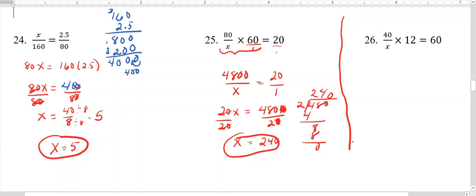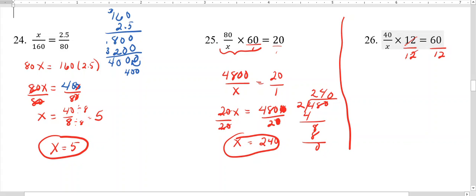Okay, same thing I did on 25, I'm going to do on 26. I'm going to put my 12 over 1, and I'm going to multiply straight across. I'm going to scratch that. I'm going to do this one a different way, because you can do these sets a couple of different ways. Since this is the 40 over x times 12, I can divide both sides by this 12.